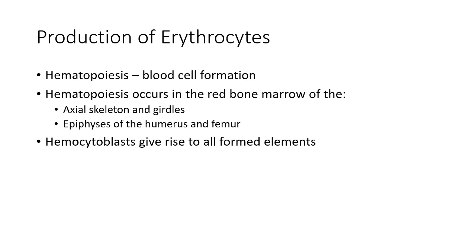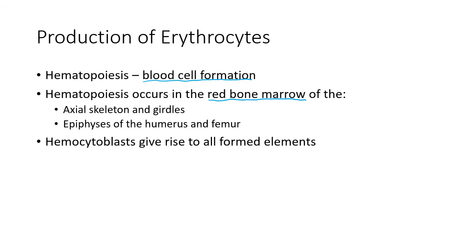Red blood cell production is on a constant basis. And so the red blood cells themselves are constantly being produced. And as they are, we call this hematopoiesis or hemopoiesis, the term to say that we have blood cell formation. If you remember back to talking about bones, you know that the bones have red bone marrow in them. And in that red bone marrow, we are making blood cells.